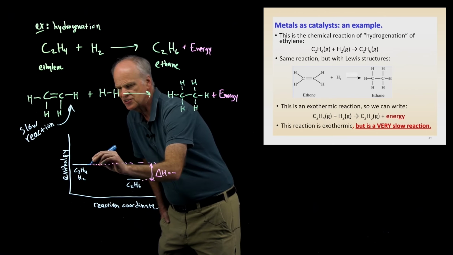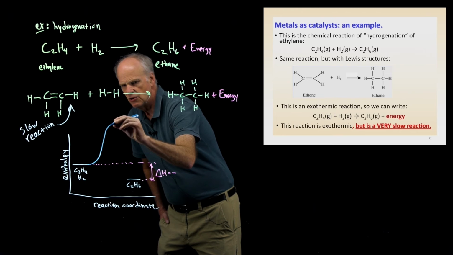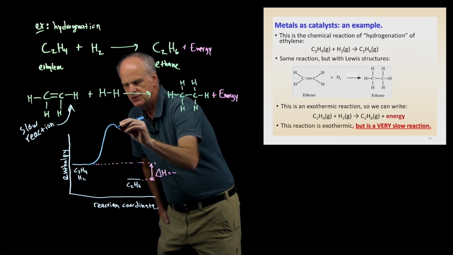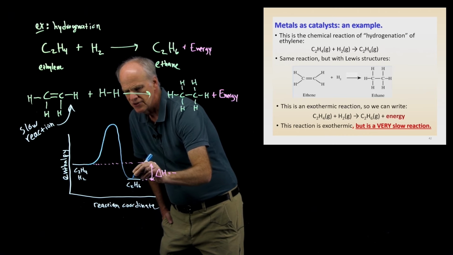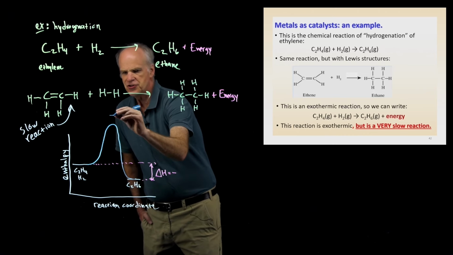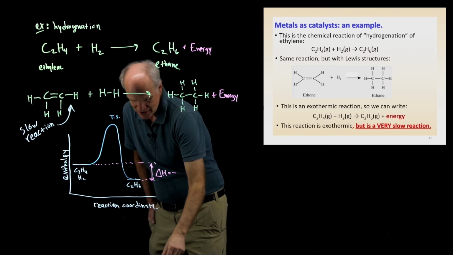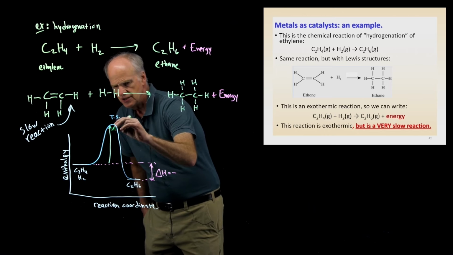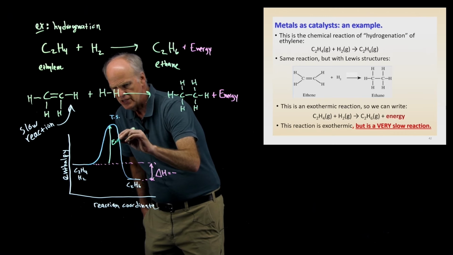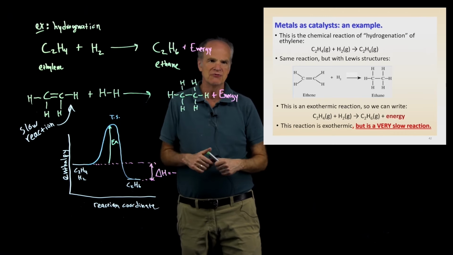We indicate this by showing the energy going up to the transition state, and this is going to be a very high hump here, and then going down to the product. So this is the transition state. And so the activation energy for this reaction is huge. I'm indicating here with EA. Okay, so this is a nice energy diagram for this reaction.